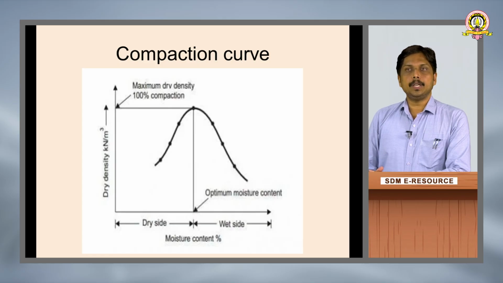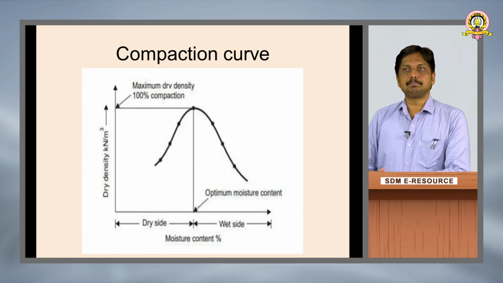Here, knowing optimum moisture content and maximum dry density is very important when it comes to the field compaction. It will help you to know when to stop compaction. You will get a good idea on when to stop the compaction, right? Here, the procedure for this is very simple.